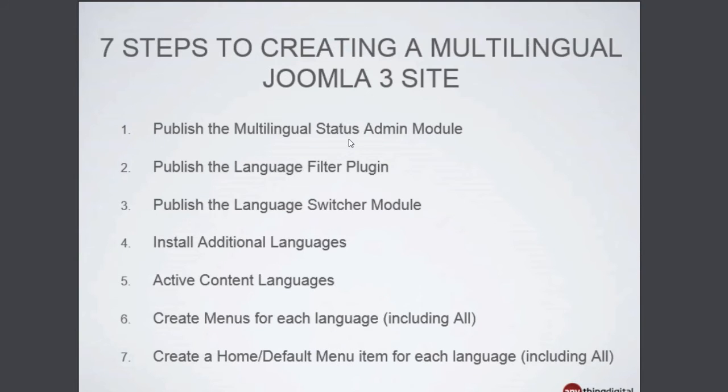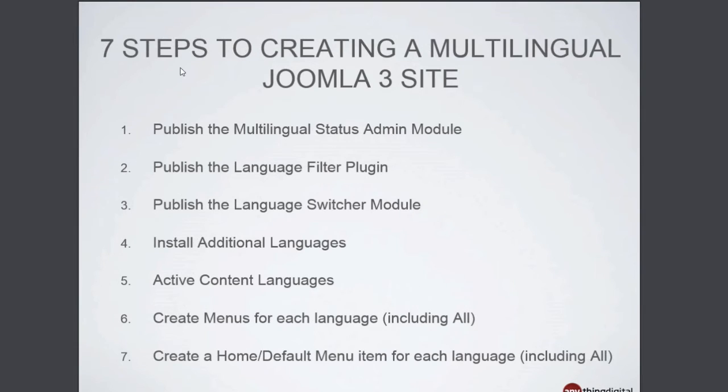First, we published a multilingual status admin module. Second, we published the language filter plugin. Third, we published the language switcher module. Then we install additional languages, activate languages, create menus for each language, including all, and then create a home or default item for each language, including all.